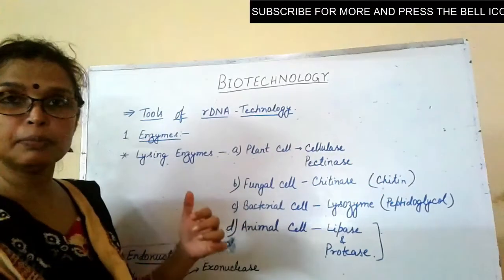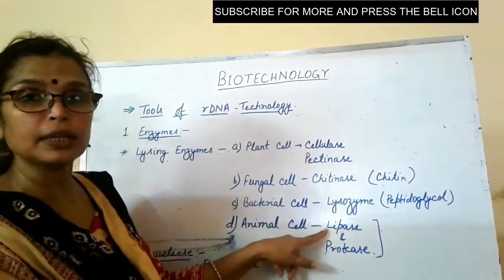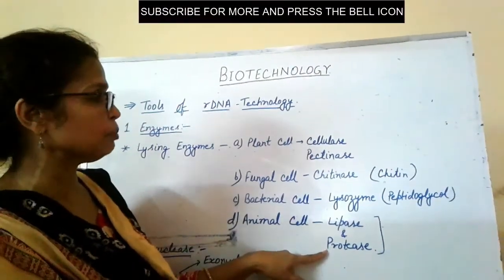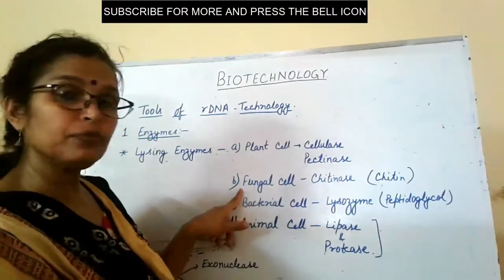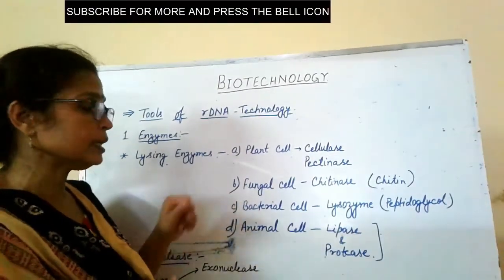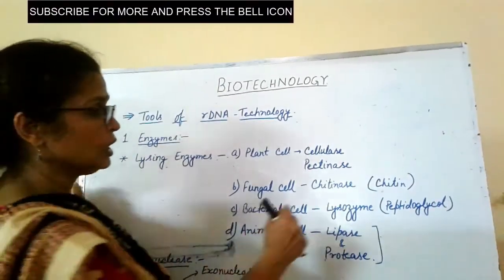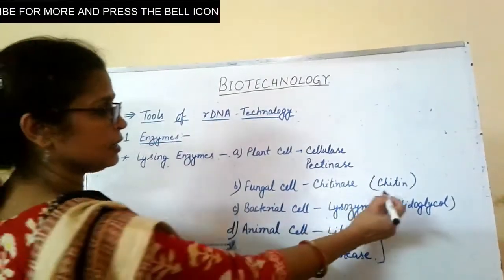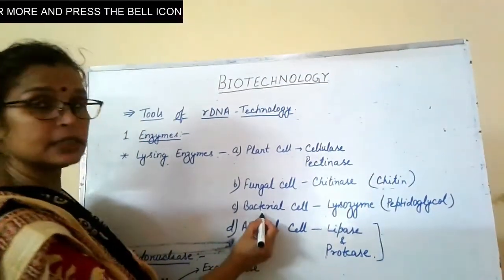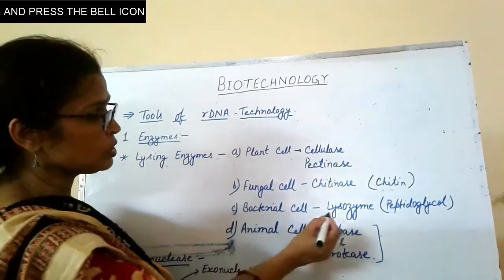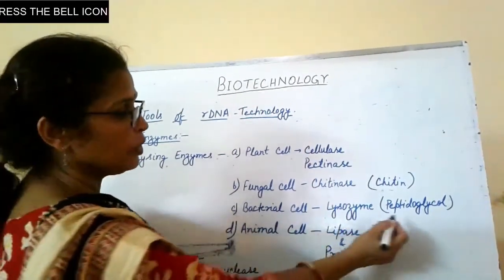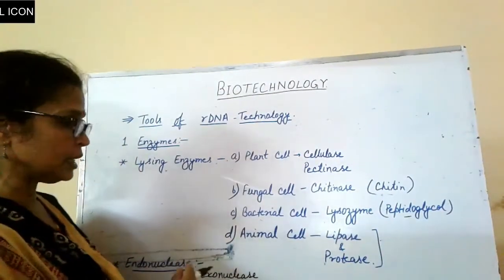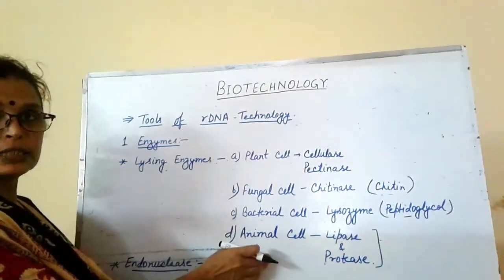Then the cell membrane is broken by lipase and protease because it is made up of lipid and protein. If we are using a fungal cell in recombinant DNA technology, we use the enzyme chitinase to dissolve the chitin. If it is a bacterial cell, we use lysozyme because the cell wall is made up of peptidoglycan in bacteria. So these are the lysis enzymes.